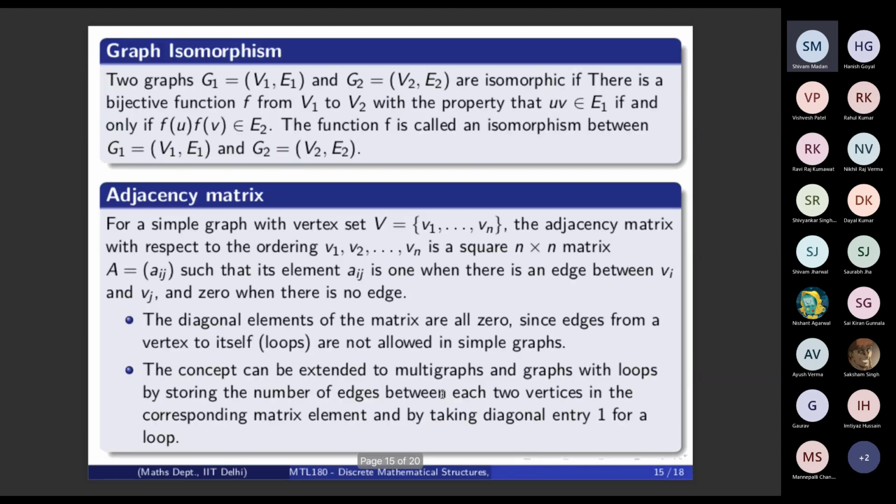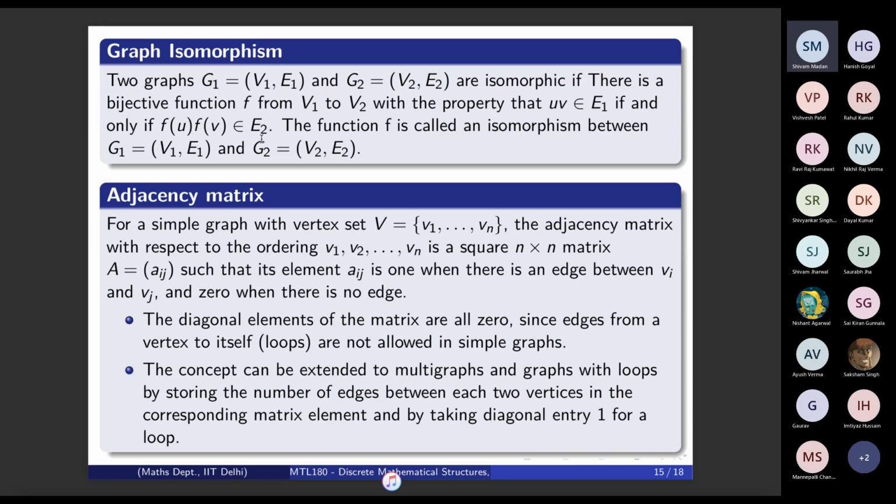Okay, fine. Now this is the last one. There is one term, graph isomorphism. This is very simple. Suppose you have two graphs G1 and G2, and we say that these two graphs are isomorphic if there is a bijective function f from V1 to V2 with the property that whenever uv is an edge in the first graph, then f(u)f(v) is an edge in E2.